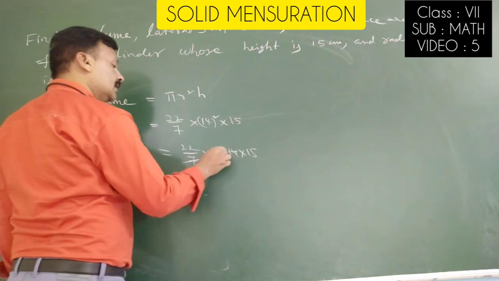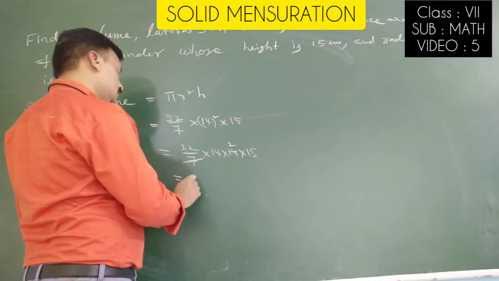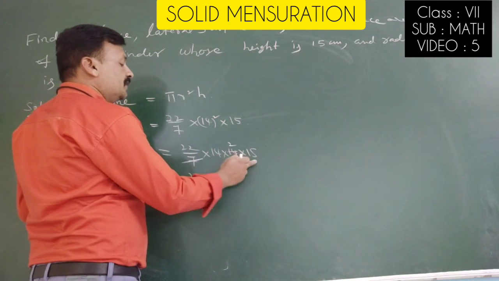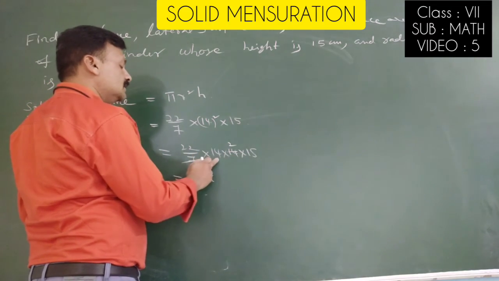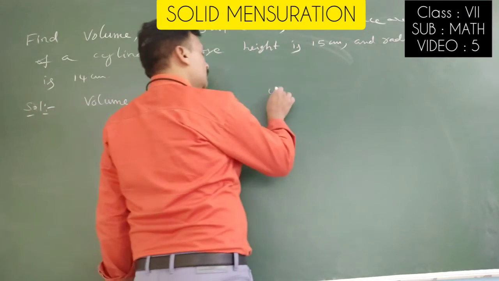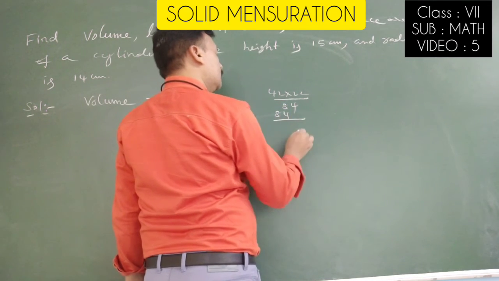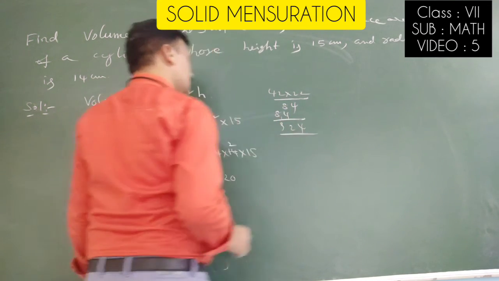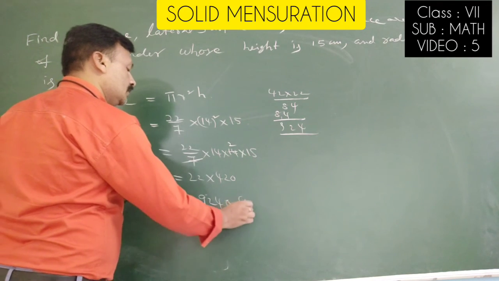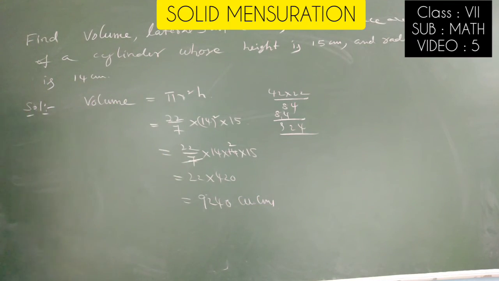So 7 here two times. Here 22 into 2 15s 30, 3 14s 42, meaning 420 into 22, meaning 42 into 22. Here 84, again 84, 924 cubic centimeters or centimeter cube, both are correct.